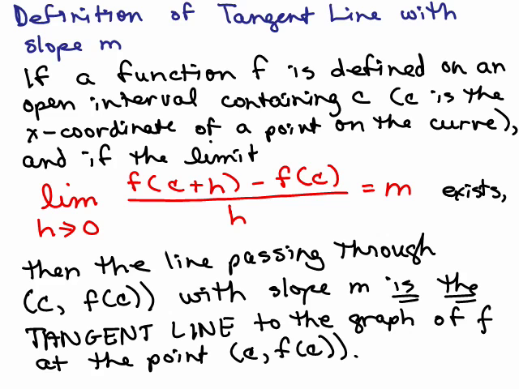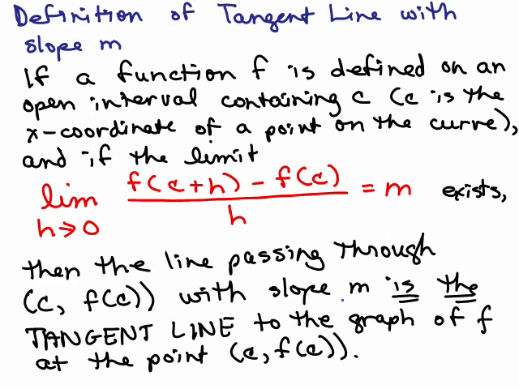Let's look back at the definition of tangent line with slope m. We took this limit as h approaches 0 of f of c plus h minus f of c over h, and if it existed and equaled m, then we say that the line passing through the ordered pair (c, f of c) with that slope m, whatever you get when you apply the limit, is going to be the slope of the tangent line to the graph.